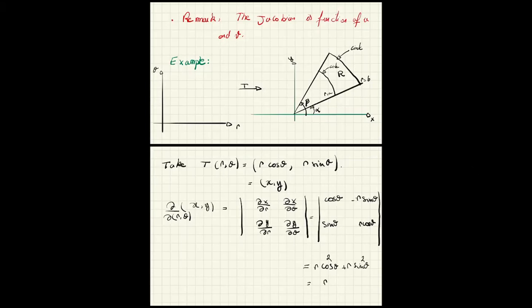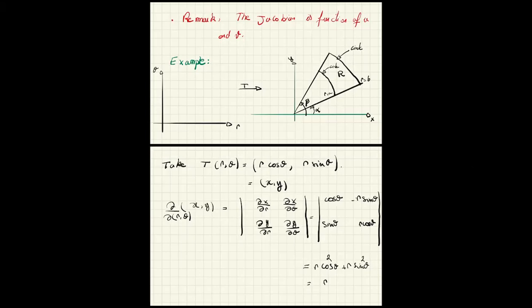Now the region, you have to check the region. Now the region will be given by, you have to check it, but when we are here, r is fixed and theta is allowed to move from alpha to beta, right?